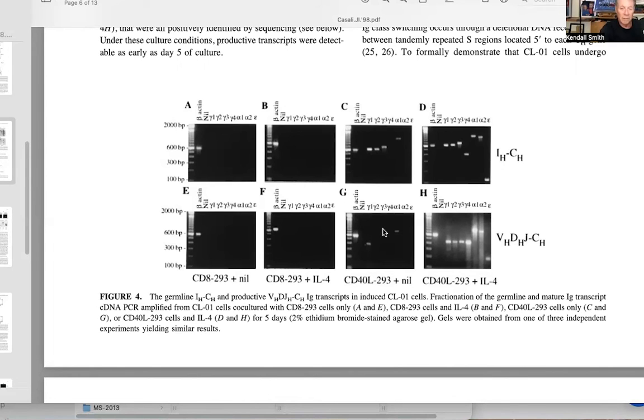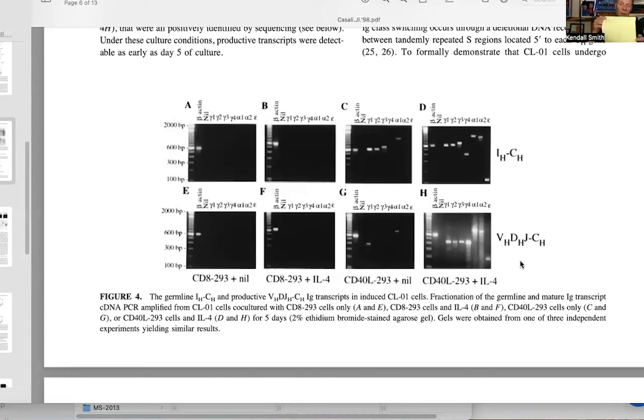And if we look at C, where we've got CD40 ligand alone, we have, for the first time, germline transcripts appearing in here and we see transcripts for gamma 1, gamma 2, gamma 3, and alpha 1. And when we look at adding interleukin 4 into this mix, we have all of the germline transcripts and the recombined VDJ recombined transcripts here.